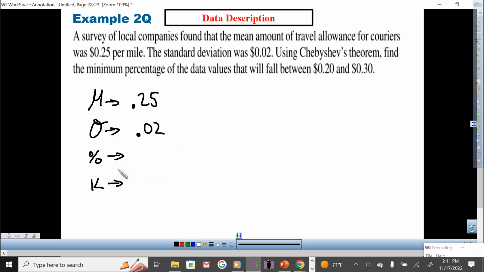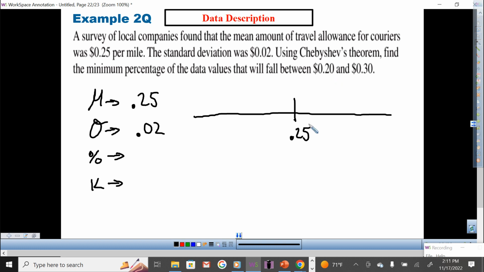Do they give us a percent? No. Do they give us the number of standard deviation? No. Okay, well, let's start everything the way we started the other one. Here's our distribution line. We are at 0.25. But what do they give us in the problem? It says, using Chebyshev's theorem, find the minimum percent of data values that fall between what numbers?